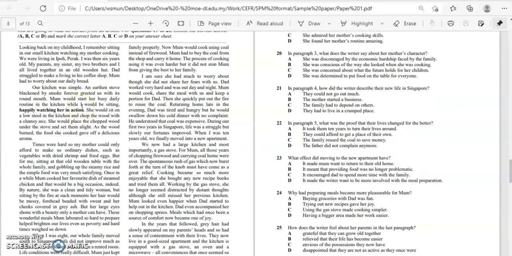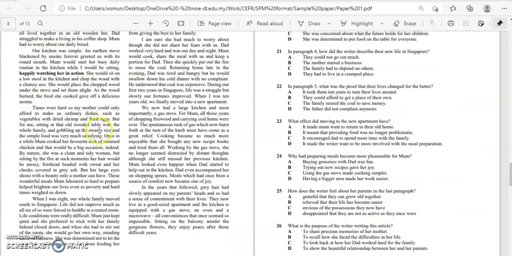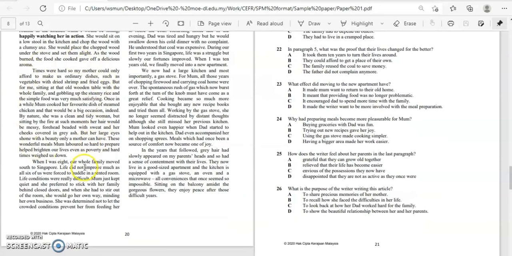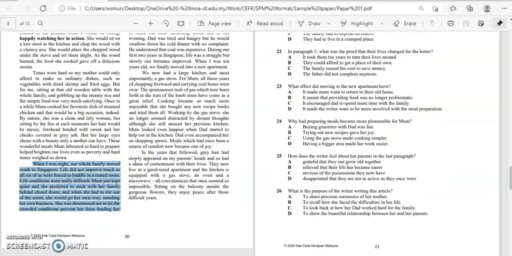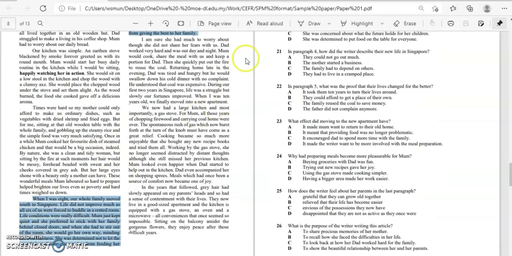Okay, now let's look at paragraph 4. So this is paragraph 1, paragraph 2, paragraph 3, and this is paragraph 4, from here until here. Alright, let's read through and focus on the keywords that appear in the question and also in the answer options.